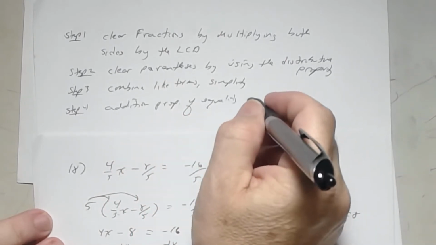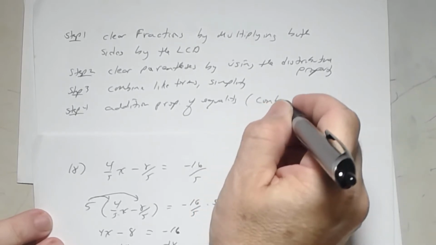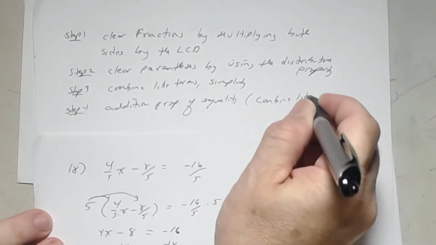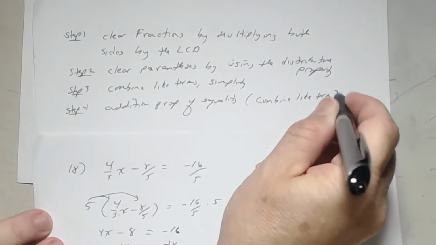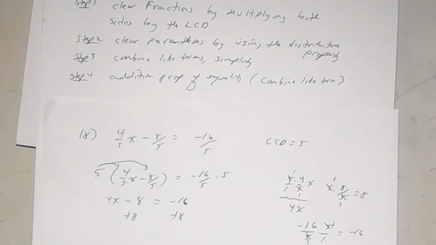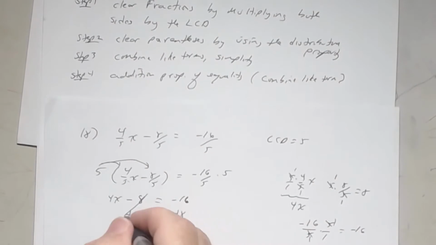Once we do that, we always combine like terms. So I add 8 to both sides, using the addition property of equality. Now I'm going to combine like terms. Negative 8 and positive 8 is 0. So I'm left with 4x equal, and what's on the other side?